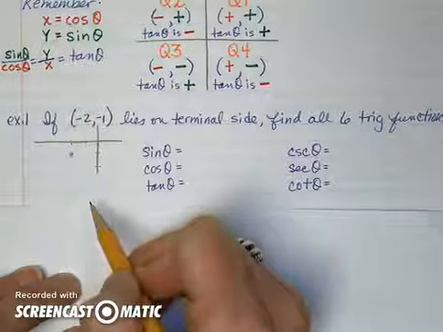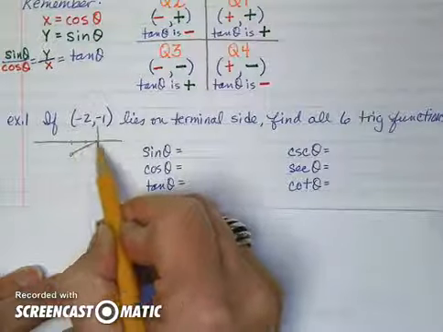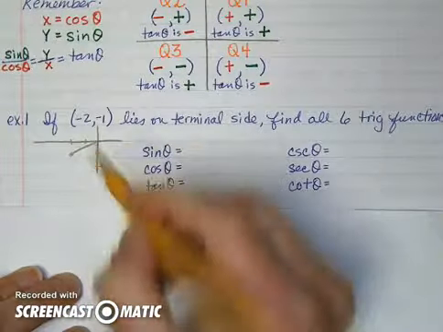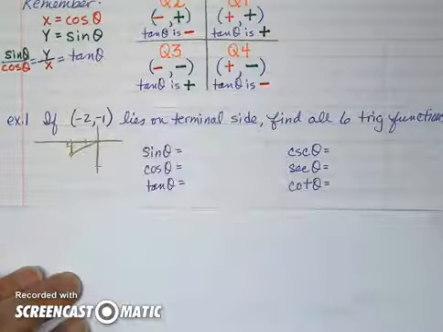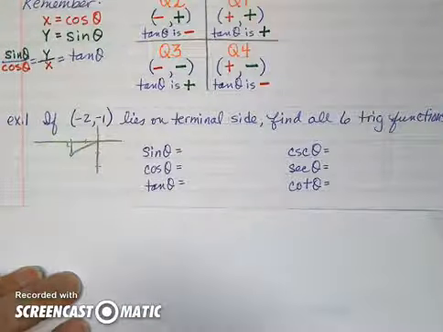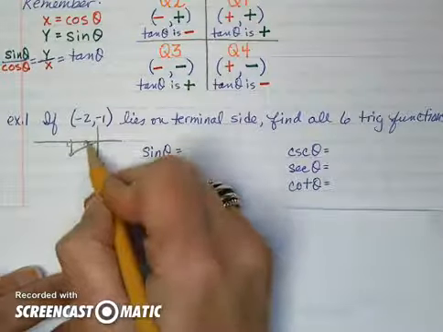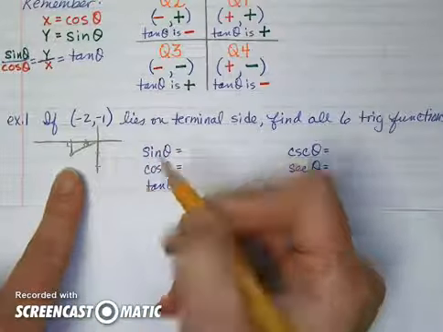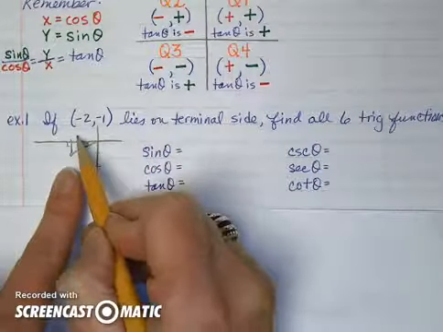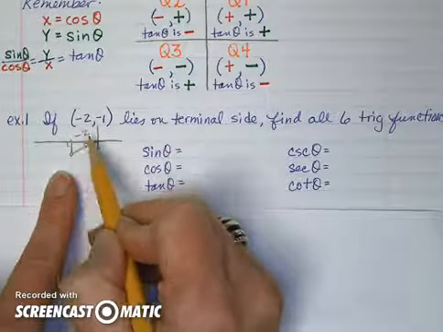That point lies on the terminal side. All right, and I can draw my right triangle. What you're trying to find is the sine, cosine, tangent, cosecant, all of those of this theta right there, the interior angle right there. Well, you already know that this is a -2 value, correct? And you know that this is a -1 value.